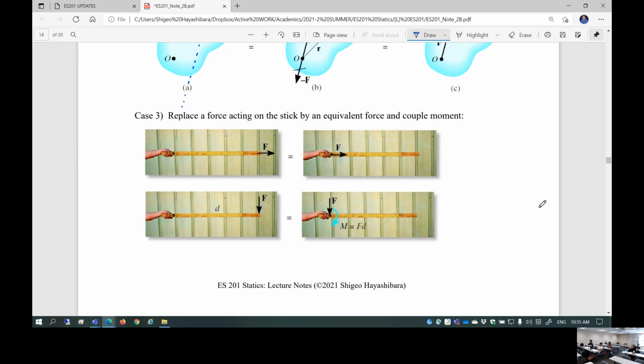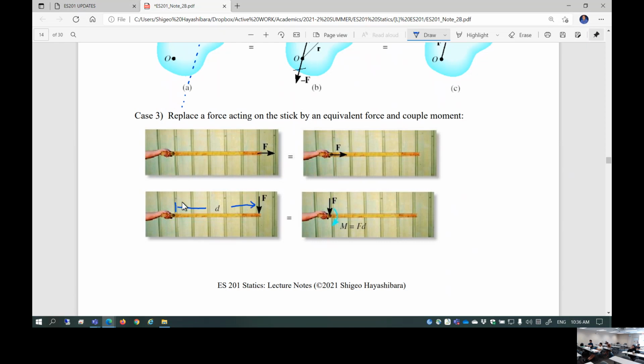Case 3. Let's say you are holding a stick, okay? Now, force is applied to pull the stick. You can apply force here or force here. It's the same thing because it's lined up with the same line of action of the force. However, if you apply the force here and you're holding this stick, this is the distance d.